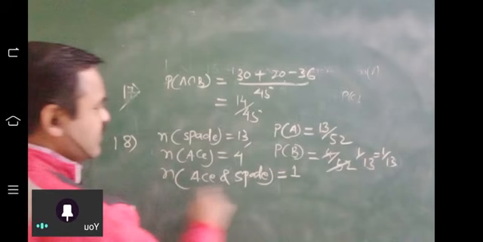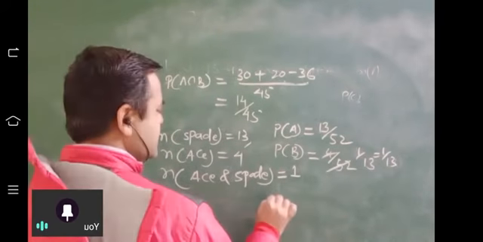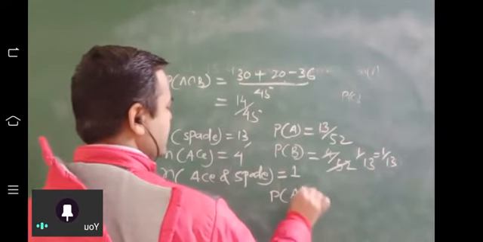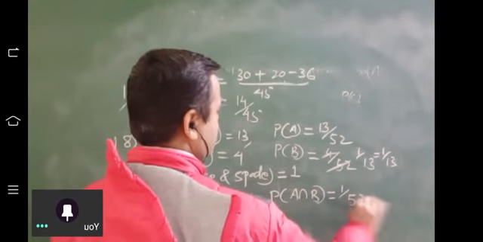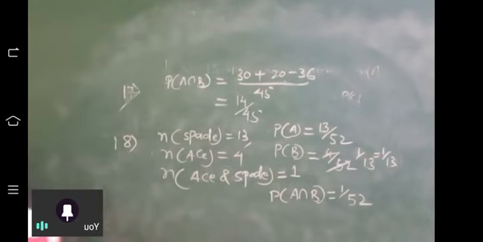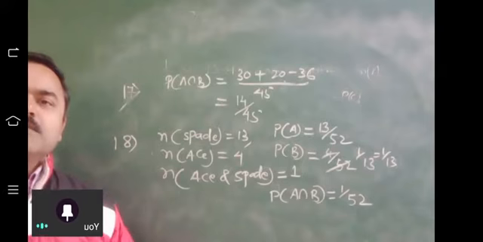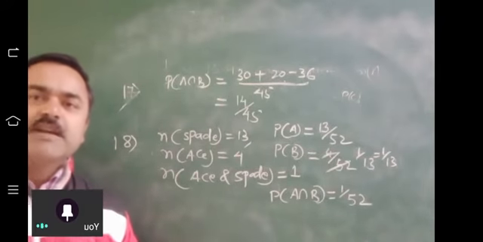Now both A and B means intersection. So probability of A intersection B is equal to 1 by 52, एस भी हो और स्पेड भी हो, मतलब स्पेड का एस.